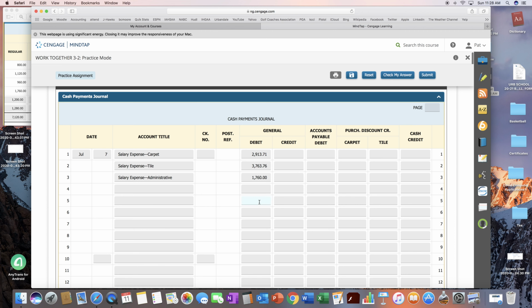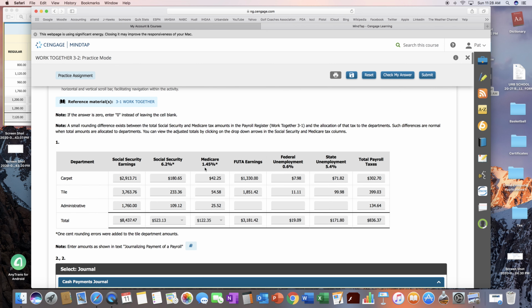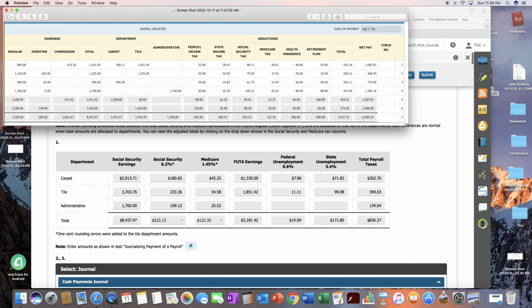Now we have all these different taxes, employee income tax, that we need to pay. This is federal income tax that we need to pay. So this is the one you looked up, married or single, 2 allowances, and this total 453. Federal income tax is going to be called employee income tax payable federal.